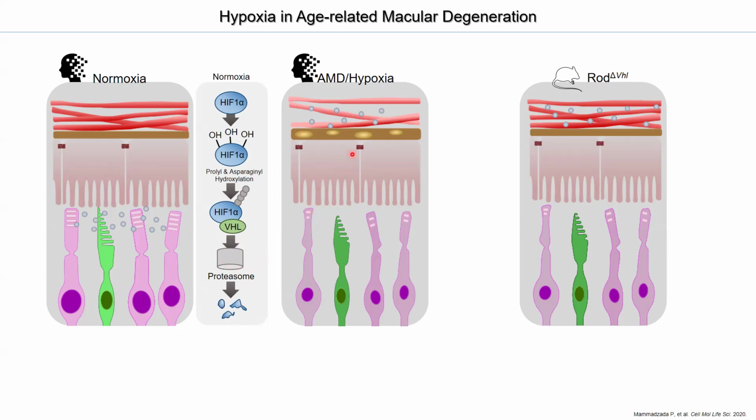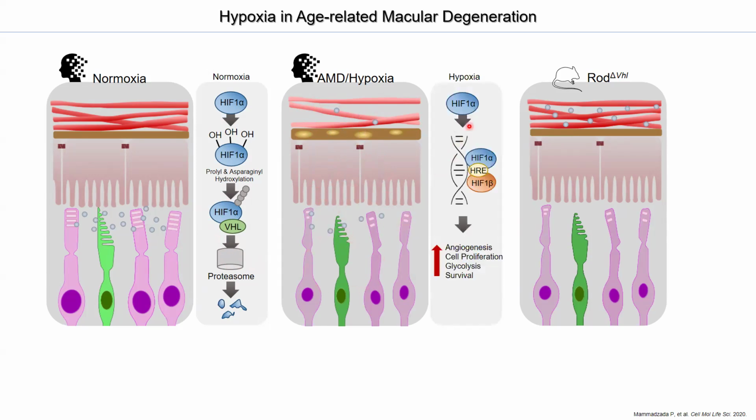So what we hypothesize is happening in AMD patients, or patients that have a low oxygen environment inside the photoreceptors, is that because we have a not so well developed choroid anymore, and we have this thickening of the Bruch's membrane, we have less oxygen diffusion, which results in a low oxygen tension around the photoreceptors.